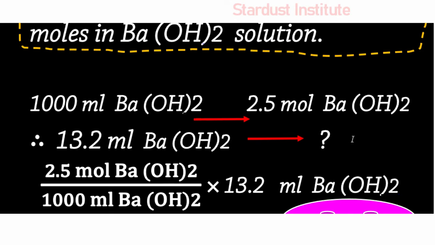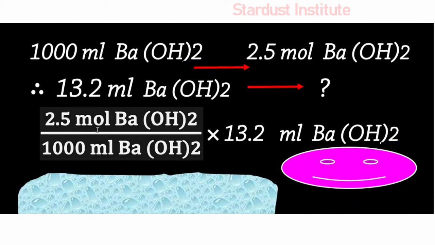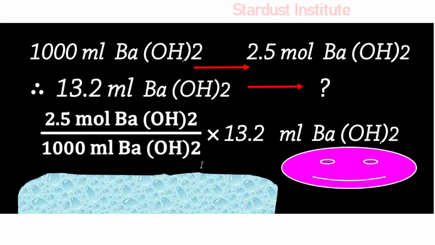We can find the answer in this way: 2.5 mole barium hydroxide divided by 1000 milliliter barium hydroxide multiplied by 13.2 milliliter barium hydroxide.